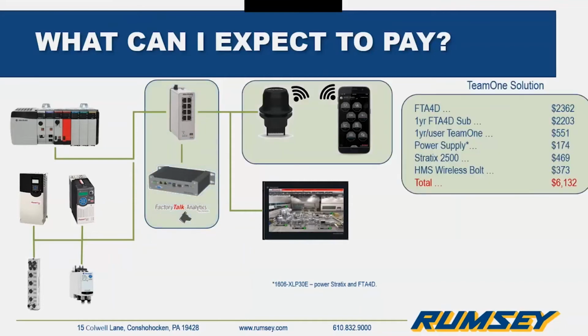And then another solution would be a Wi-Fi solution with the Teams One app subscription and using an HMS Wireless Bolt. Now remember, FactoryTalk Analytics for devices does have the ability to send push notifications to Teams One, which can result in faster response times and a mobile way to view your device health information.